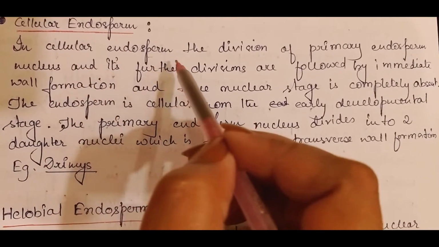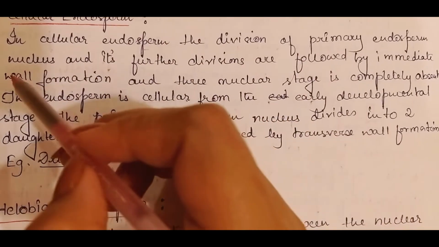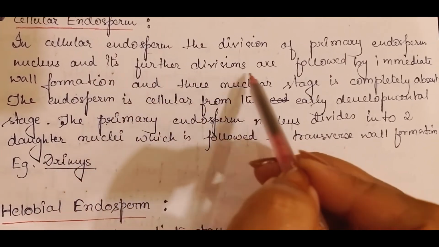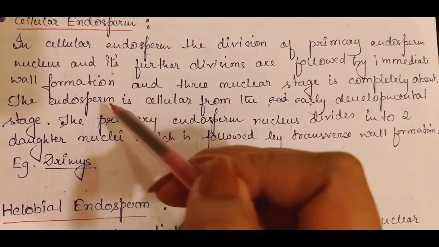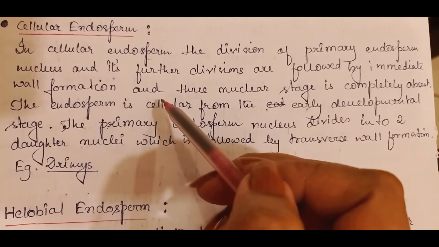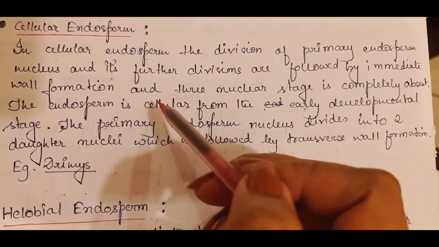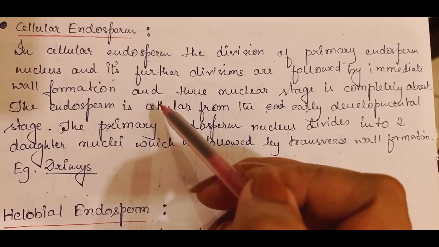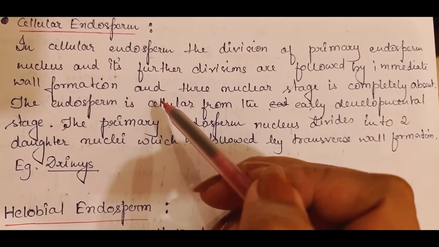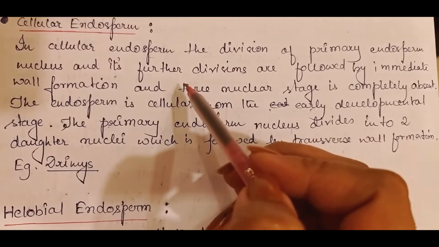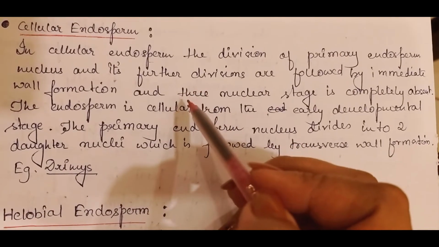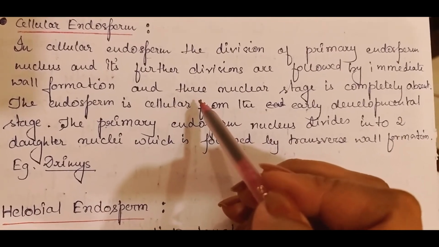Okay, in cellular endosperm, the division of the primary endosperm nucleus and its further divisions are followed by immediate wall formation. In the previous case, what did we study? The nuclear division was not followed by immediate wall formation. Here it is accompanied by immediate wall formation.